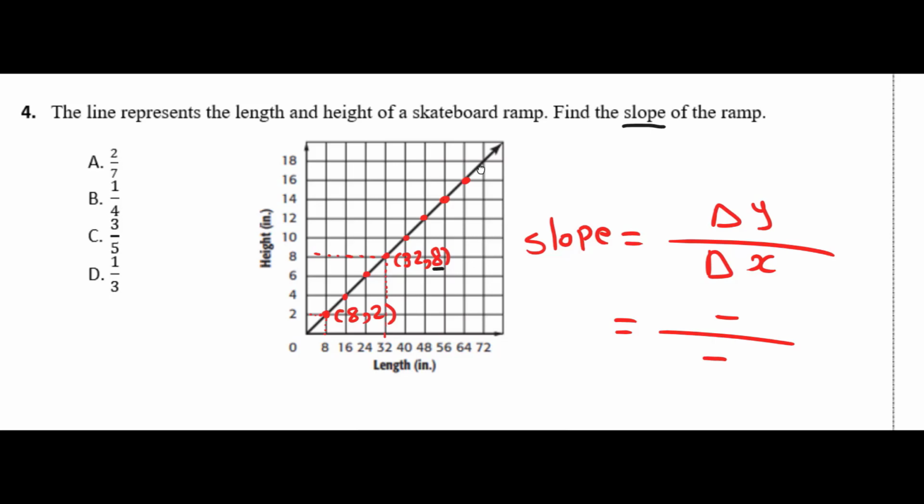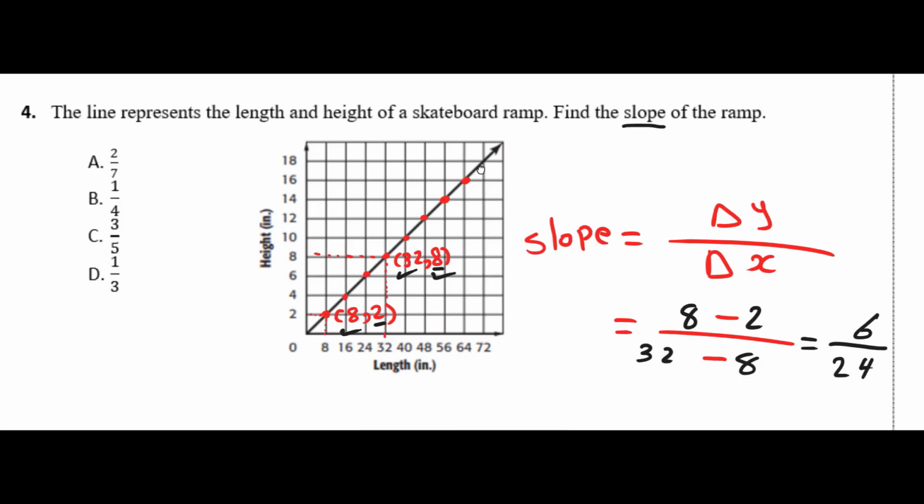This y and this y, yes. 8 minus 2, I start from here in y, then I will start from here in x, okay? 8 minus 2 over 32 minus 8. 8 minus 2 will be 6. 32 minus 8 will be 24.